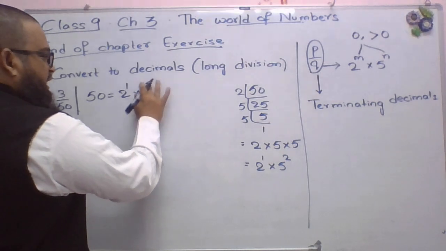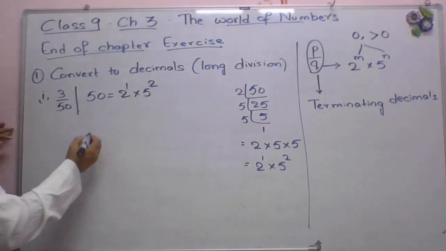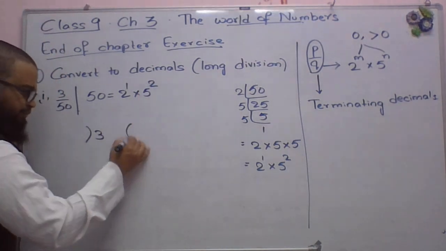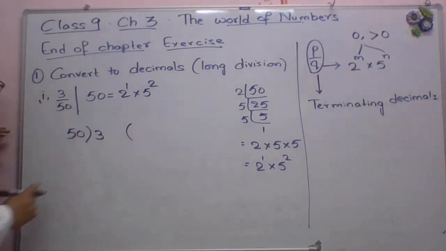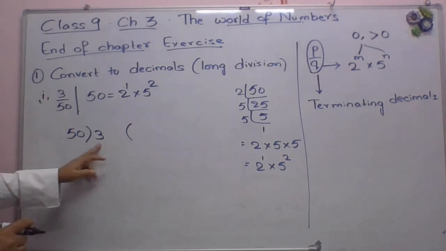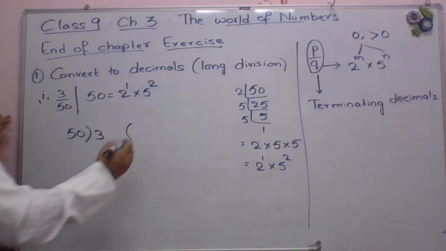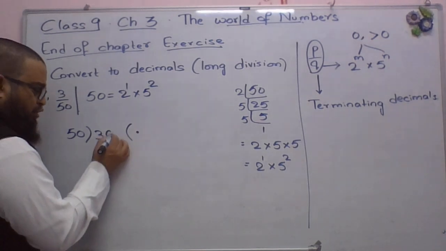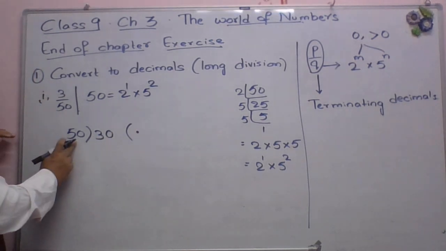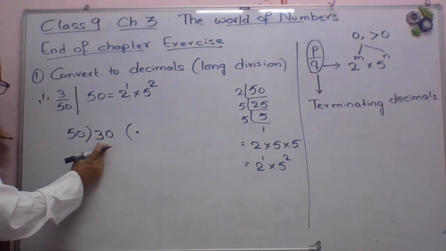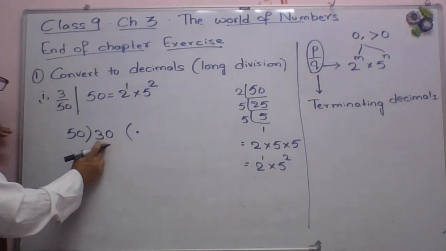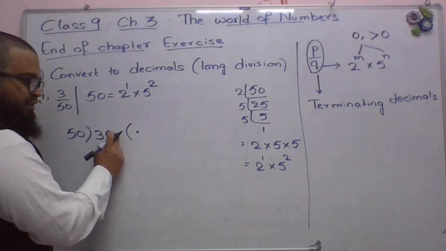So let us write it as a terminating decimal. Now let us divide 3 by 50. The divisor is bigger than the dividend, so therefore keep a point, and you can borrow 1 0. So 50, now it became 30. It is still smaller. So I need one more 0 here.